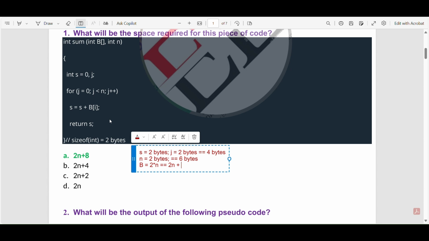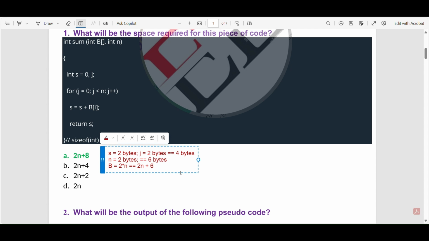And finally we have 2n plus 6, and again we have written s. So we have completed everything, and the final answer is 2n plus 6, which is the correct answer. And in the options we do not have 2n plus 6, so as 2n plus 8 is nearer, we have just selected that option.